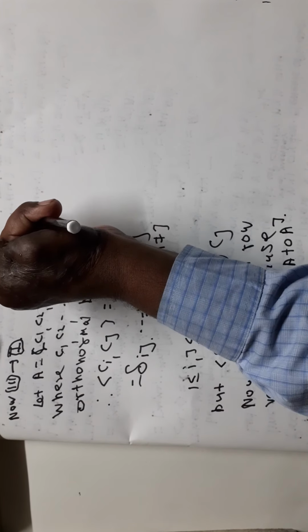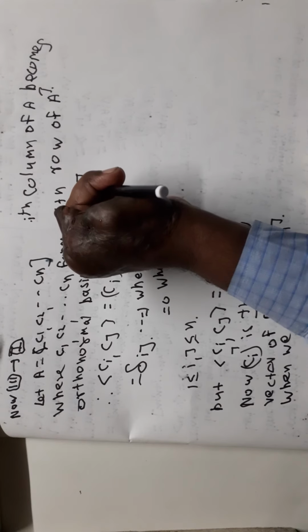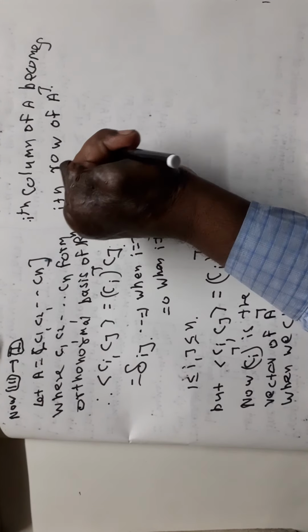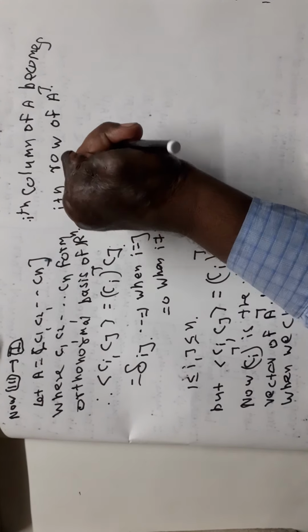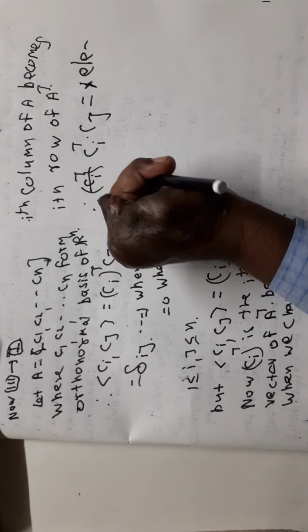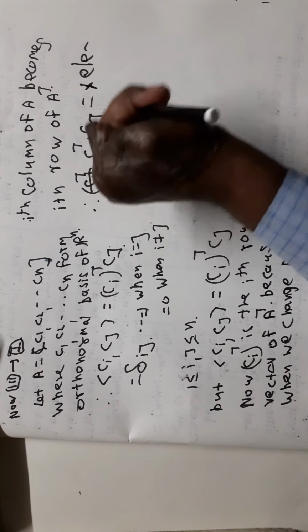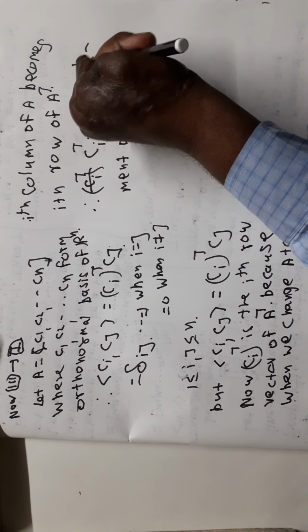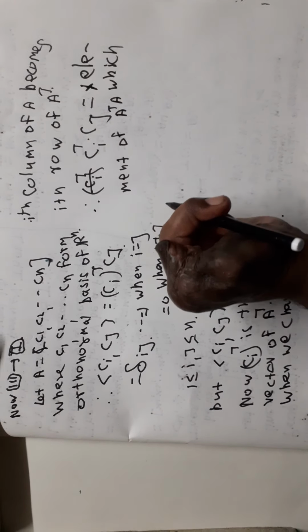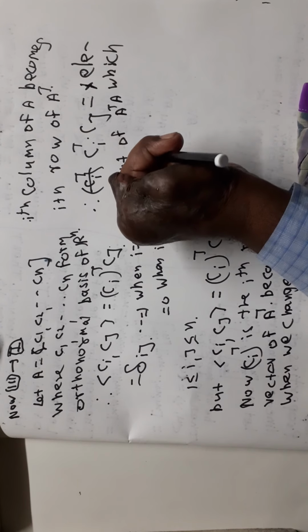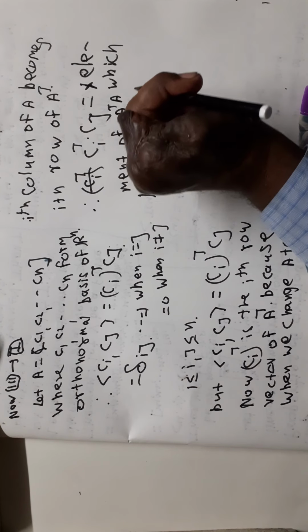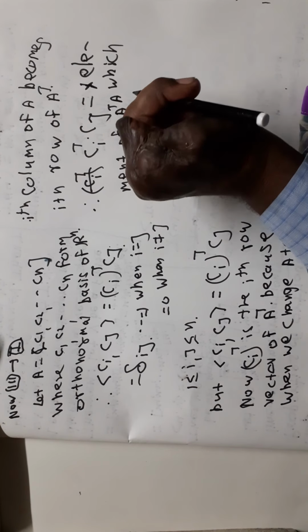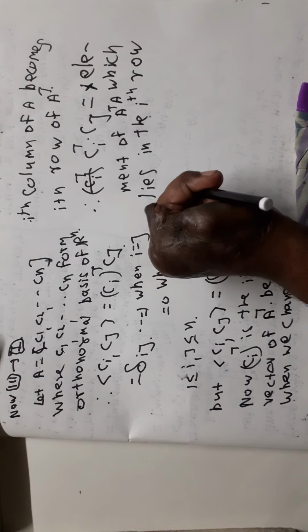And therefore Ci transpose Cj is equal to the ijth element of A transpose A, which lies in the ith row and jth column.